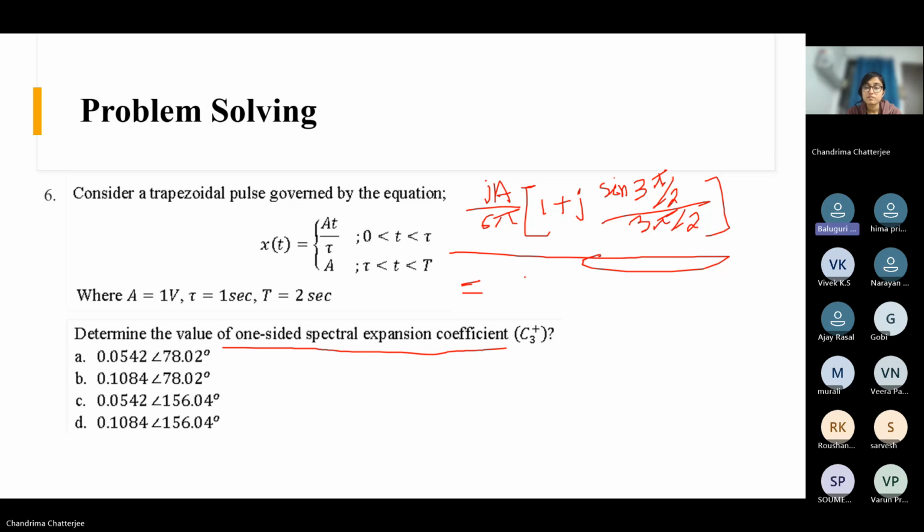It is 0.1084. But I think only this one will come to 0.05 something. Since we are considering one-sided spectral expansion, it will have to be multiplied by 2 for C3 plus. Then you will get the final answer. But only this portion, I think, will come to some 0.0542 like that.